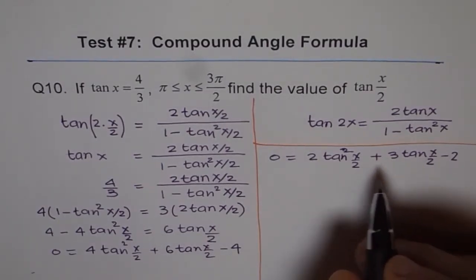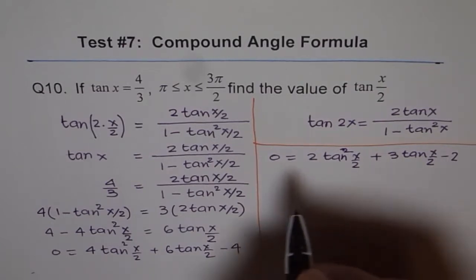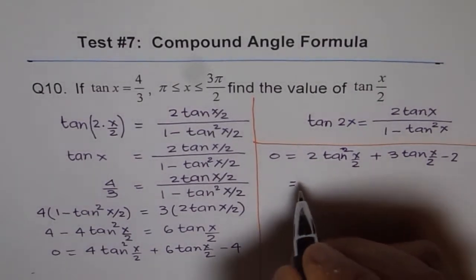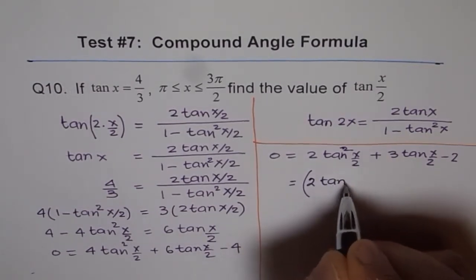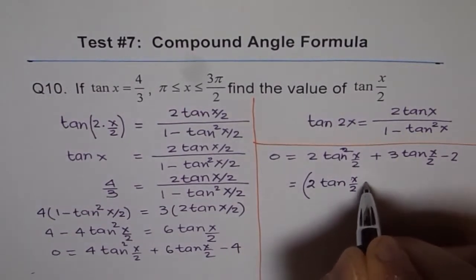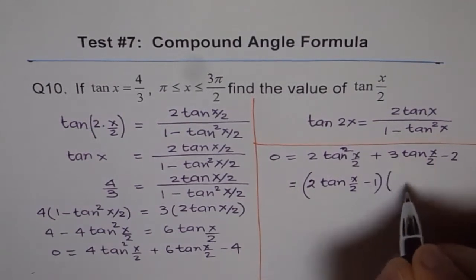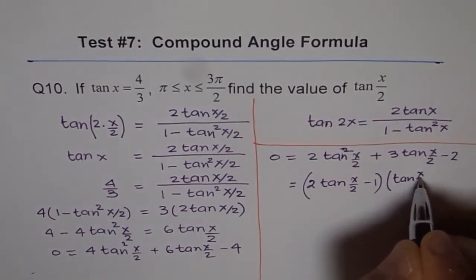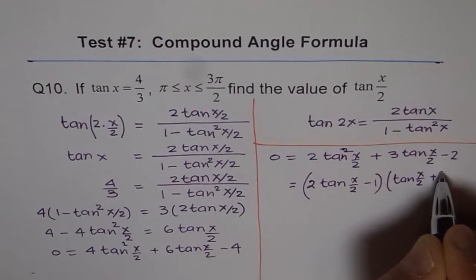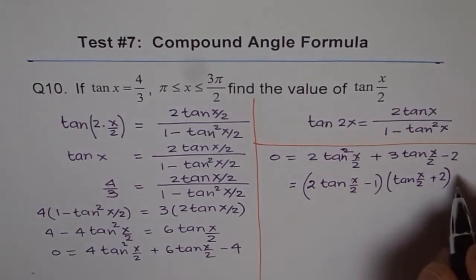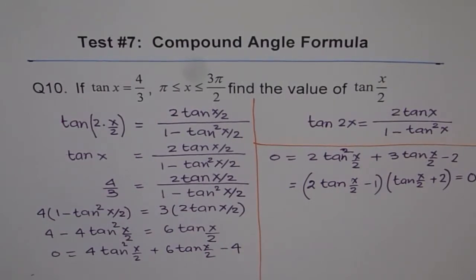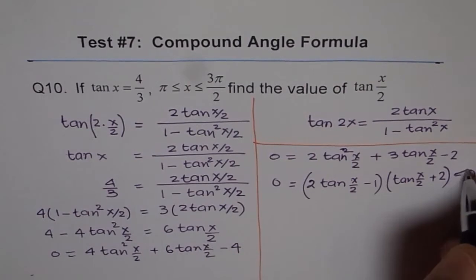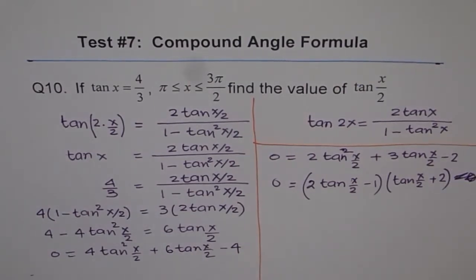Once we do all the steps of factoring, this can be factored as 2 tan x by 2 minus 1 times tan x by 2 plus 2 equals 0. So that is what you get after factoring. We can write 0 here, we're writing on the left side.